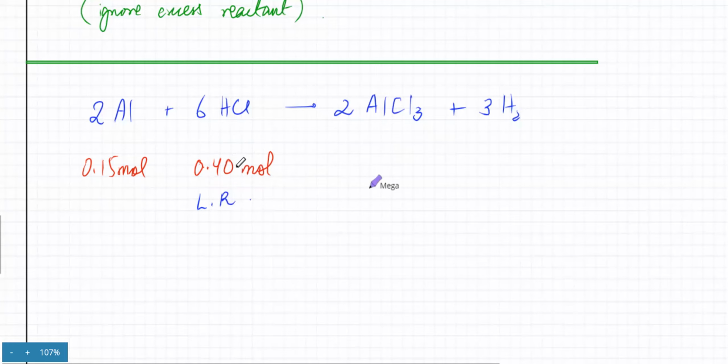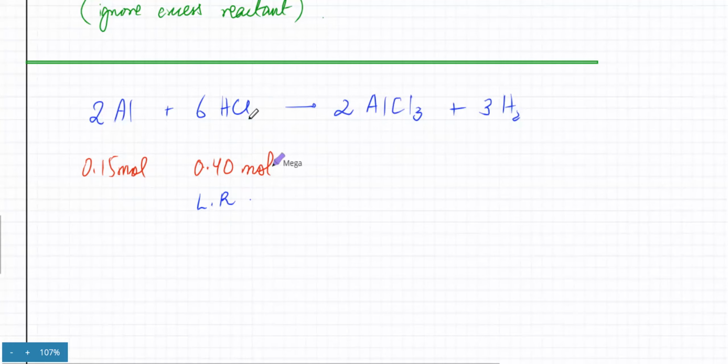I mean, HCl is going to stop the reaction. You have more aluminium than the required amount. The aluminium could keep on going if you keep on adding HCl. It's because of HCl that the reaction has finished. And aluminium is the one that's in excess, right?